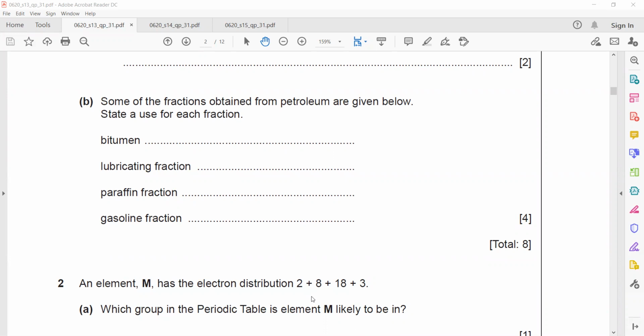Then lubricating fraction. What are the uses of the lubricating fraction? It is used to reduce the friction. That's right. It is used for waxes, Vaseline, grease, to reduce the friction in machines. Even in the car engine, we are using a lubricating fraction which reduces the friction between the parts inside the engine. Paraffin fraction. What are the uses of paraffin or kerosene?